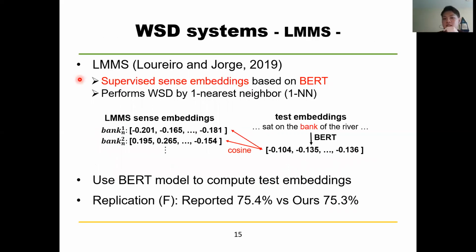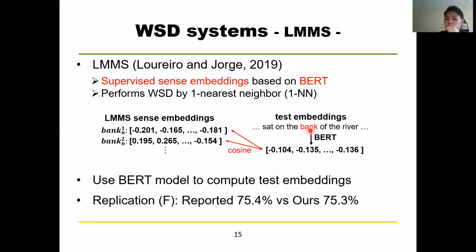So the first system which leverages BERT embeddings for WSD is LMMS. LMMS is supervised sense embeddings using SemCor based on BERT embeddings. And they perform WSD using a one nearest neighbor approach as shown in this diagram here. So when testing, we have sense embeddings for each possible sense.